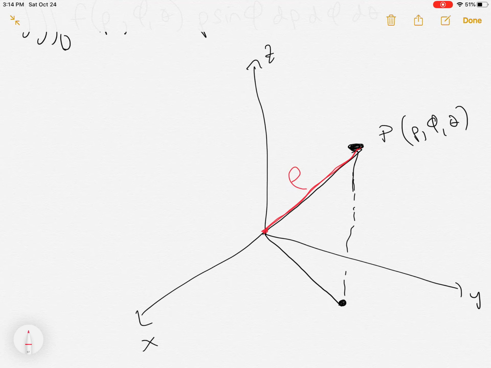The angle off the x-axis to here, that's theta. And the hardest part of this thing is that phi is this angle. It's the angle off the positive z-axis. So phi is here.